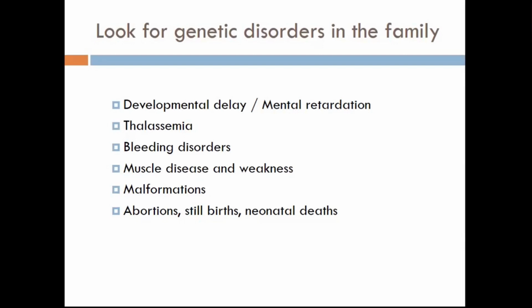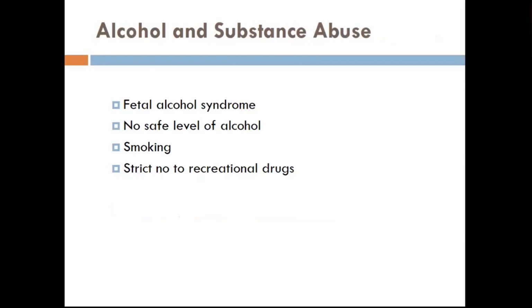Spinal muscular atrophy again is a very common disorder. Also ask about malformations, abortions, stillbirths, and neonatal deaths, because there can be chromosomal anomalies. One of the couple might be a carrier of a balanced chromosomal translocation. So look for these genetic disorders in the family whenever they come to you.